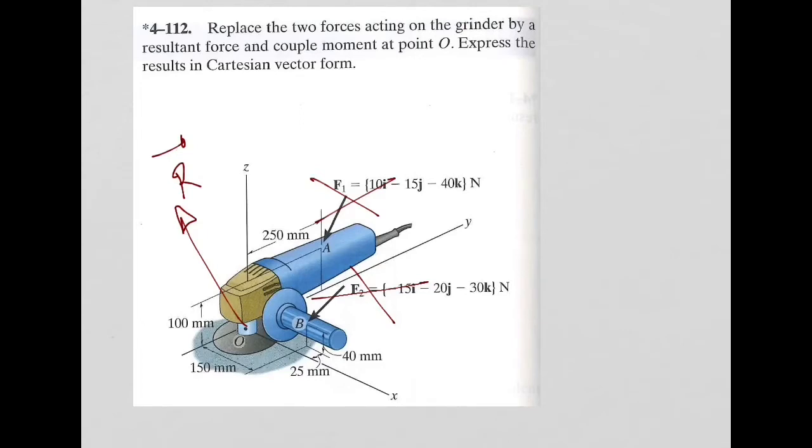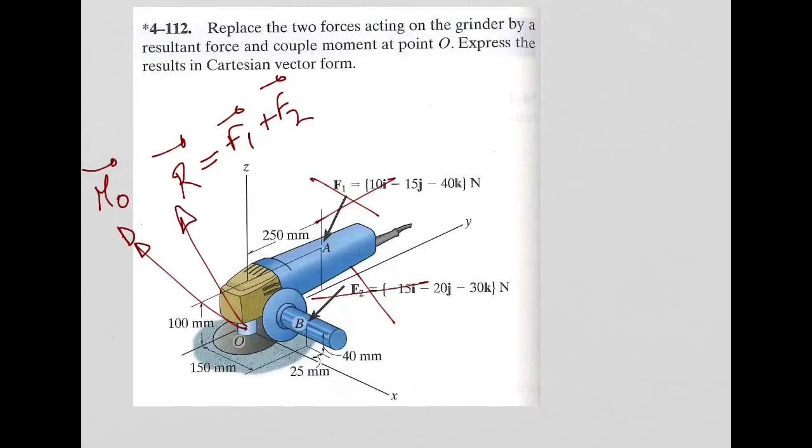Basically, this is F1 plus F2, like we did before. And then you will have a moment at point O, which is the moment produced by F1 and F2. So this system, with only a force and a moment at point O, is equivalent to the initial system with forces F1, F2 applied at points A and B. Right?